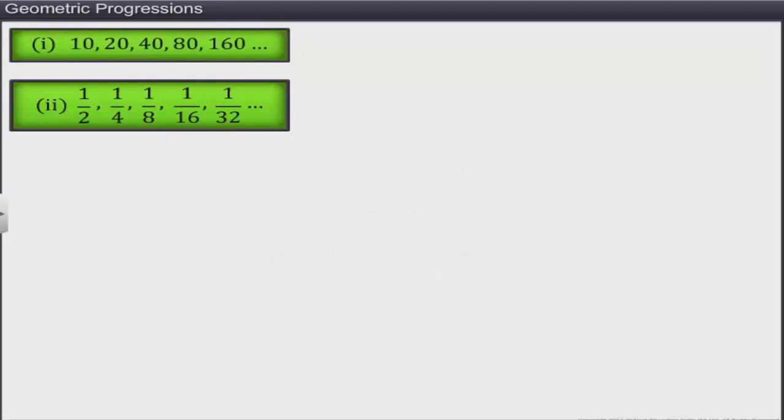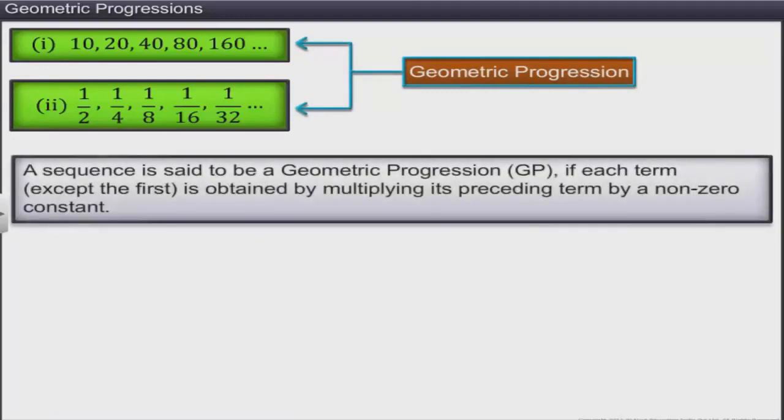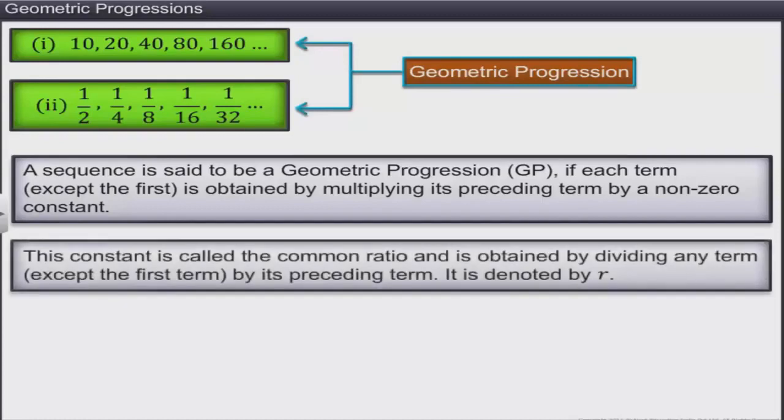Mathematically, a sequence is said to be a geometric progression if each term except the first one can be obtained by multiplying its preceding term by a non-zero constant. This constant is called the common ratio and is obtained by dividing any term except the first term by its preceding term. It is denoted by R.